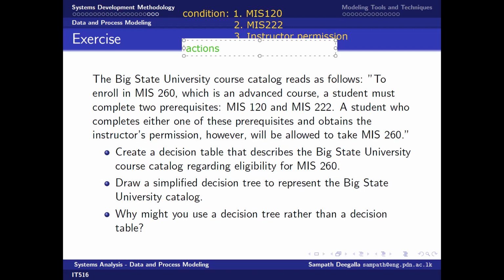If we start with the decision table, we have two actions, right? The first one is that you are allowed to take the course. We can say eligible for MIS 260, and the other one is not eligible, isn't it? Yes.